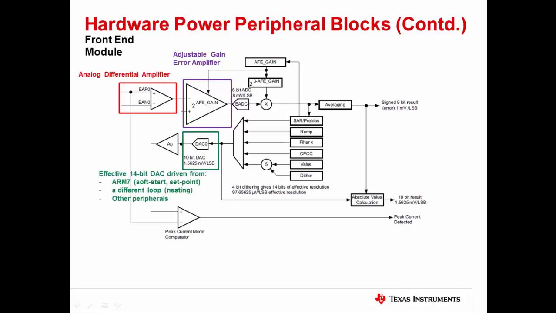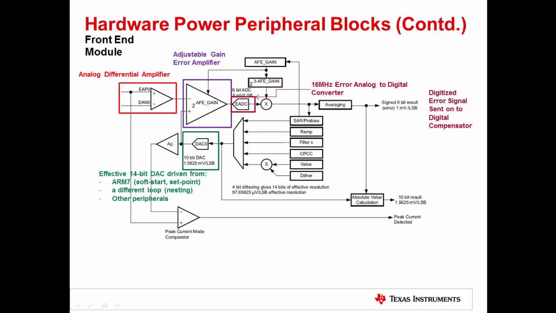The DAC is programmable from a variety of input sources, such as the ARM7 microcontroller or a different loop in the power supply. Following the error amplifier, we have an extremely high-speed ADC, which is called the error ADC, or the error analog to digital converter, which does the task of digitizing the analog error signal at the output of the amplifier into the digital domain.